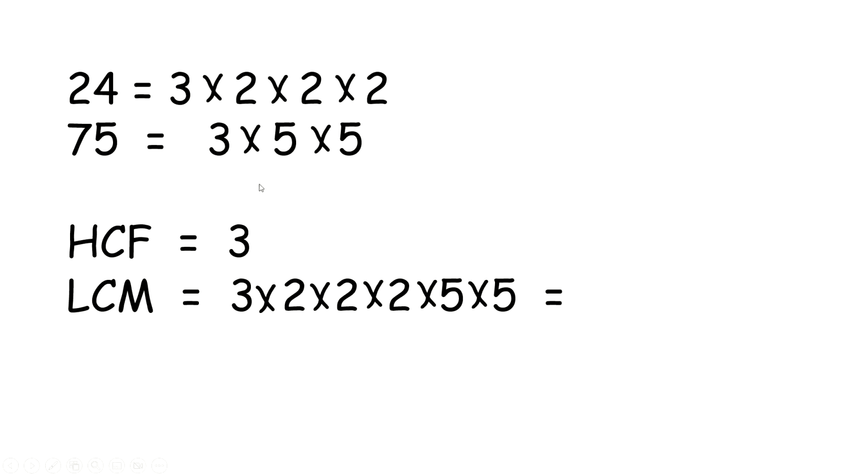Then we have to times that by 2, and then 2 again, and then 2 again. So 75 times 2 is 150, times 2 again is 300, times 2 again, and that gives you 600.